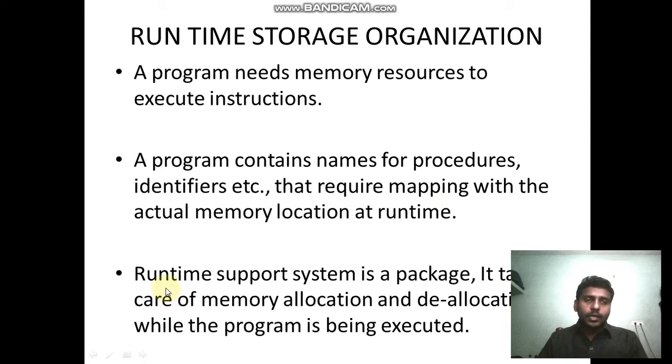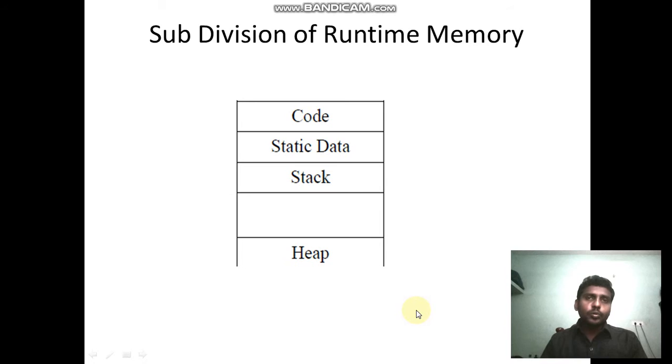And some packages are used to support the runtime memory. The use of these packages is to allocate and deallocate the memory during runtime program execution. Now I will tell you the subdivision of runtime memory in a computer environment.